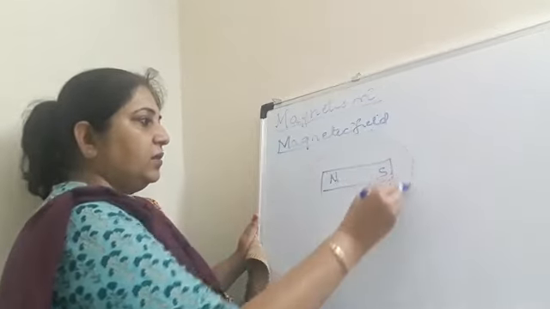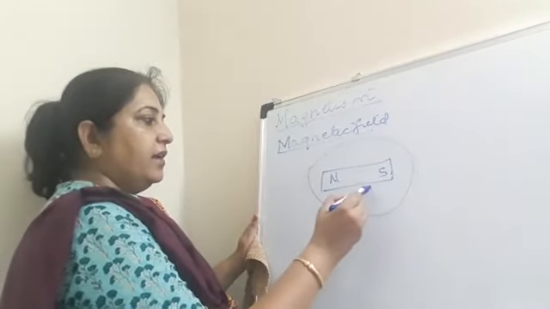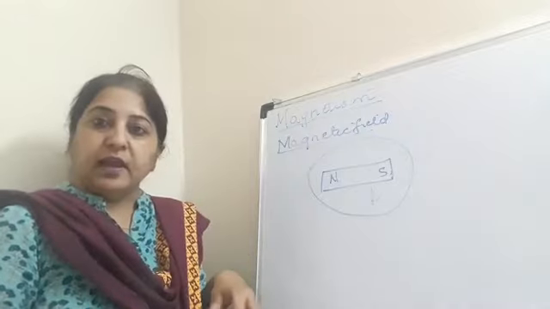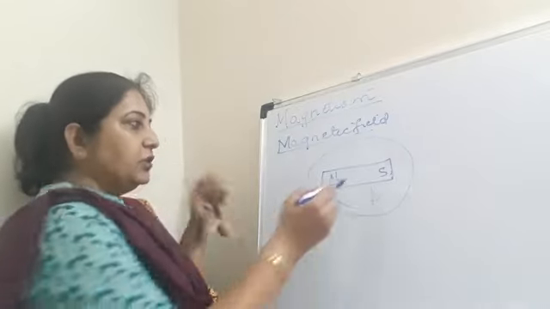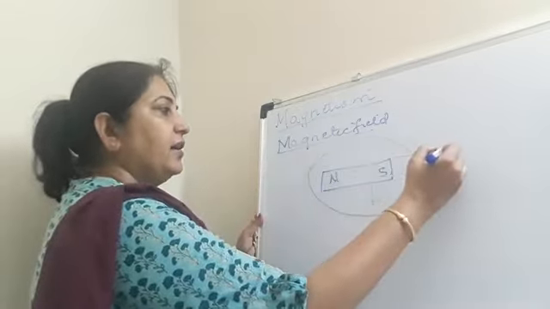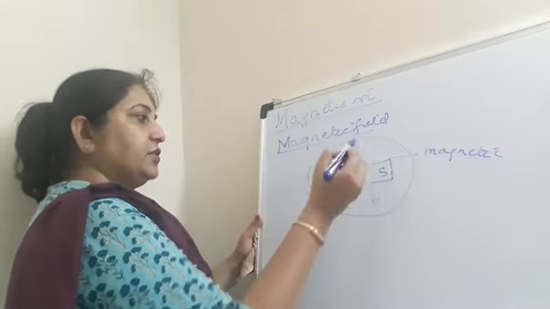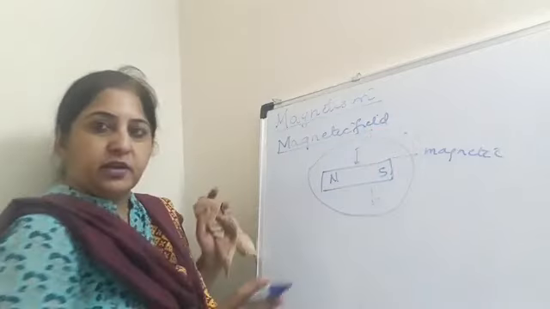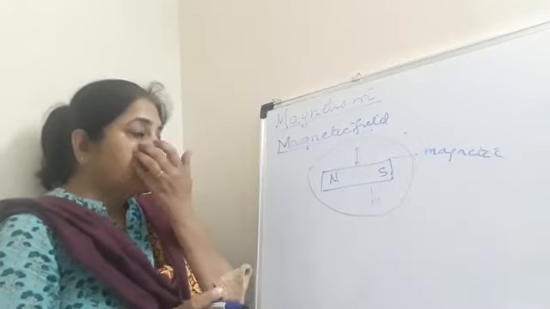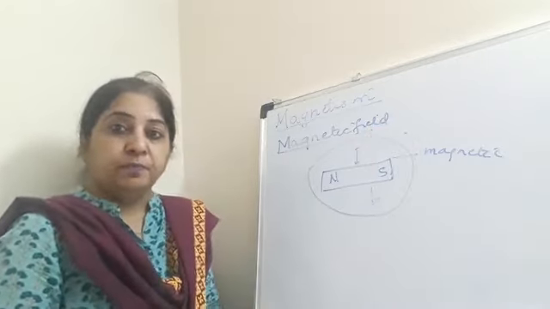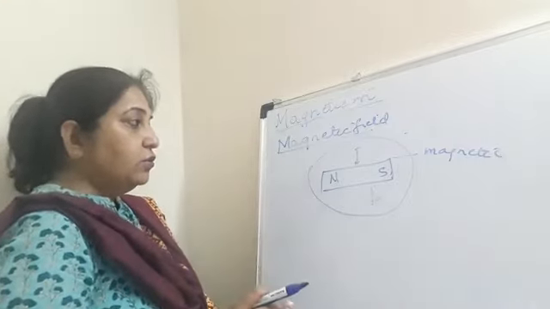The region around the magnet where the attraction of an object can be felt is called the magnetic field. If any iron object is within the field, there will be attraction. If it is beyond the field, there will be no experience of any magnetic force.